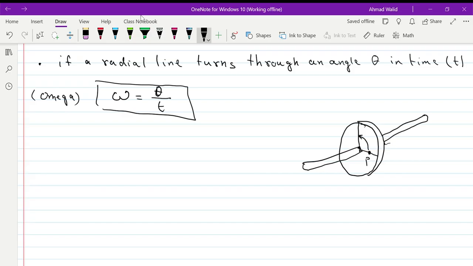We call this linear speed, and it travels this distance.